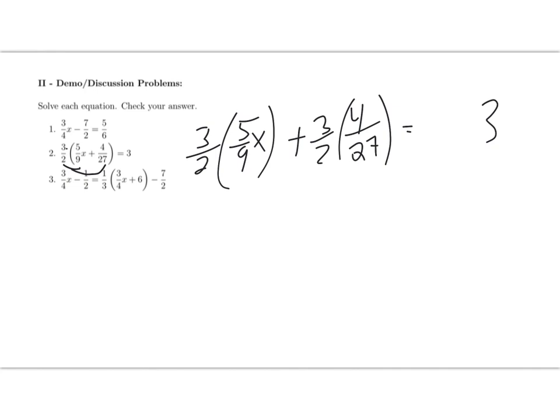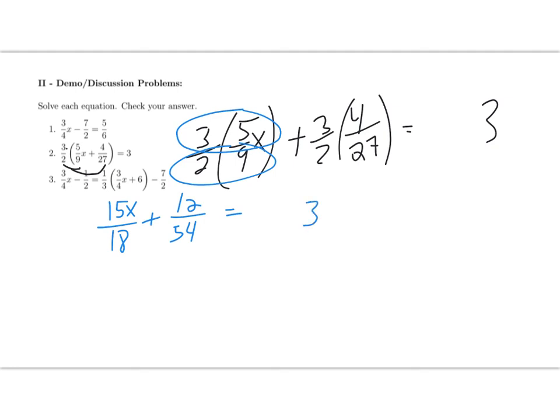So now, recall when we're multiplying fractions, we multiply the numerators together, we multiply the denominators together. So here we have 3 times 5x, that's 15x in the numerator. 2 times 9, that's 18 in the denominator. 3 times 4 is 12. 2 times 27 is 54. And that equals 3.